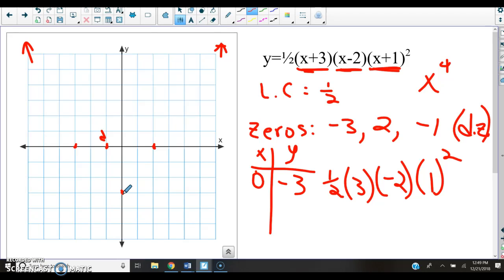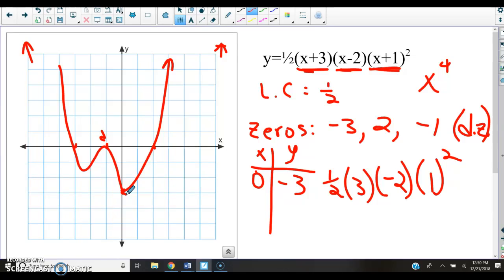Now let's take a look. I know it's going up to the right. Okay, I know it's going up to the left, and that's a double. So when I hit a double, it bounces off the line, because what happens when you square a negative, it's positive.